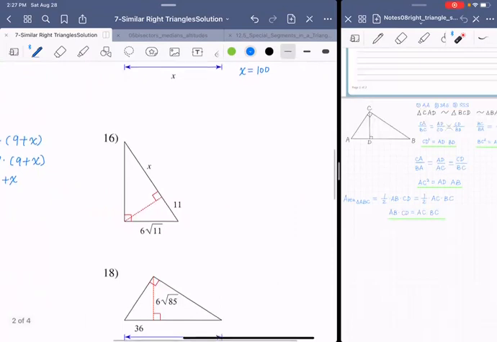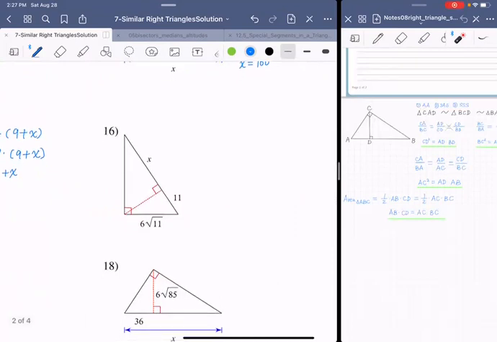Next one, Abby, number 16, please. 6 times square root of 11 squared equals x times 11 plus x. This guy's square is 11, times x plus 11?